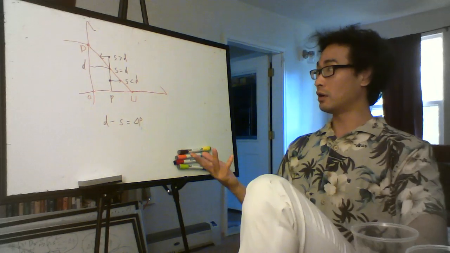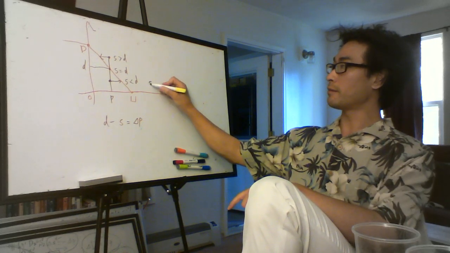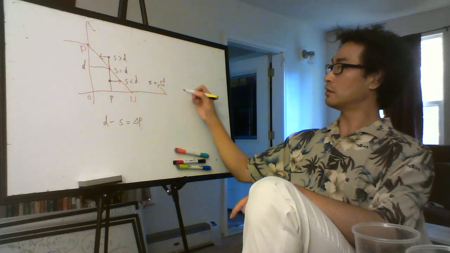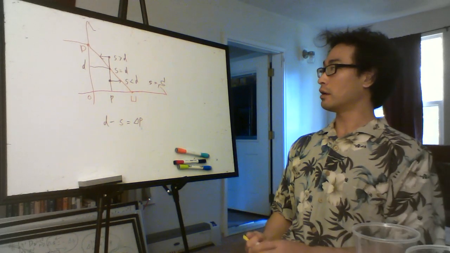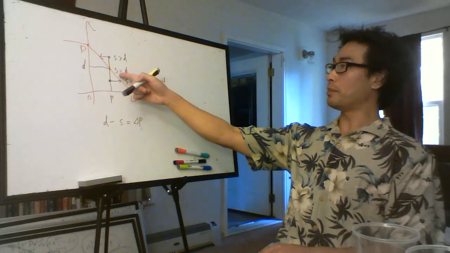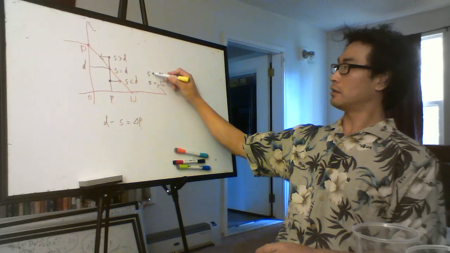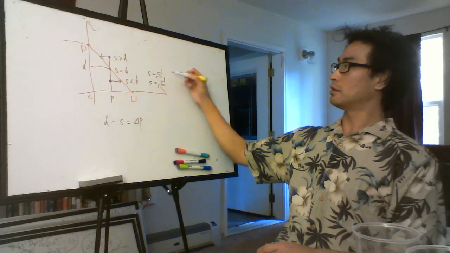So here you have transactional supply equal to big S, the absolute supply. And when supply matches demand, of course, transactional supply is the same as absolute supply.